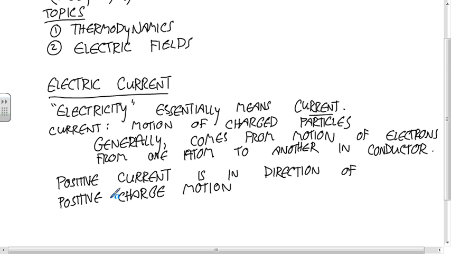And there's really no such thing as positive charge motion, since electrons are what are creating the current. So it's sort of a backwards thing with our sign convention. If you really tracked what particles are moving, electrons are moving this way, and that makes positive current move the opposite way. It's really like the absence of electrons.